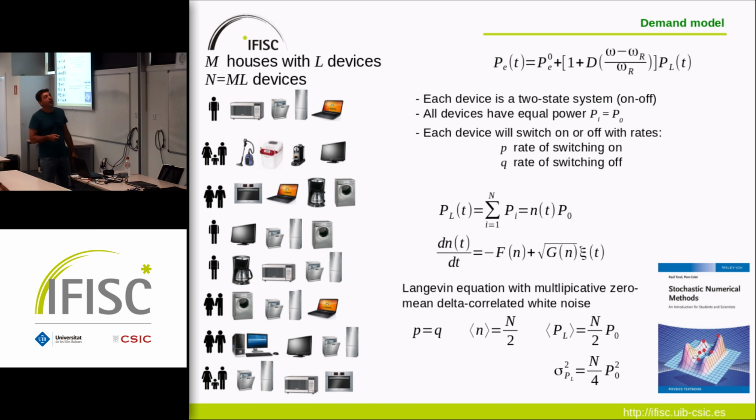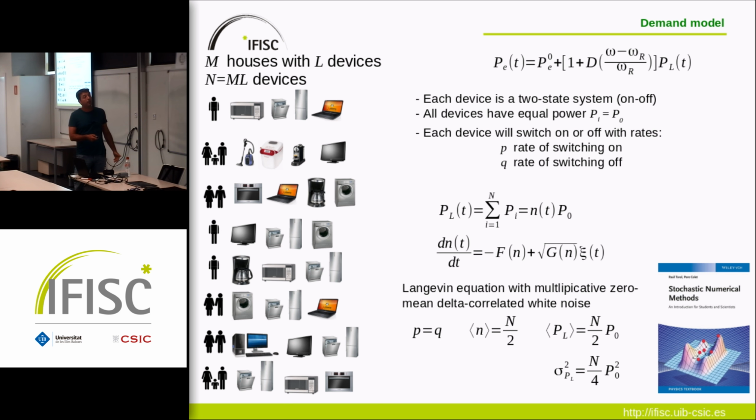You can actually write a Langevin equation for the number of devices on that has multiplicative noise with zero mean and delta correlated. If the two probabilities P and Q are the same, the number of devices on is half. Half of them are on, half of them are off on average, with some fluctuations.